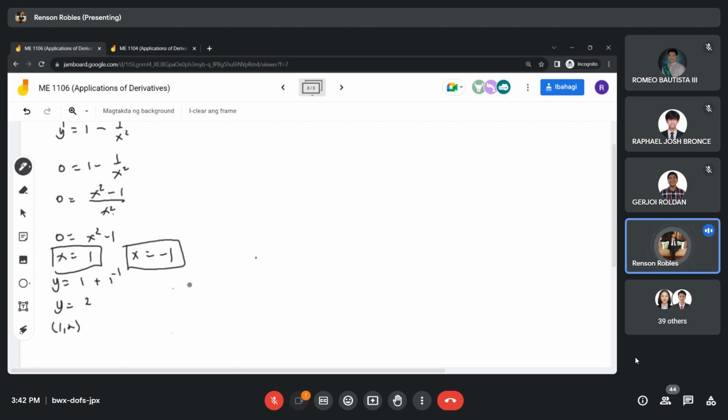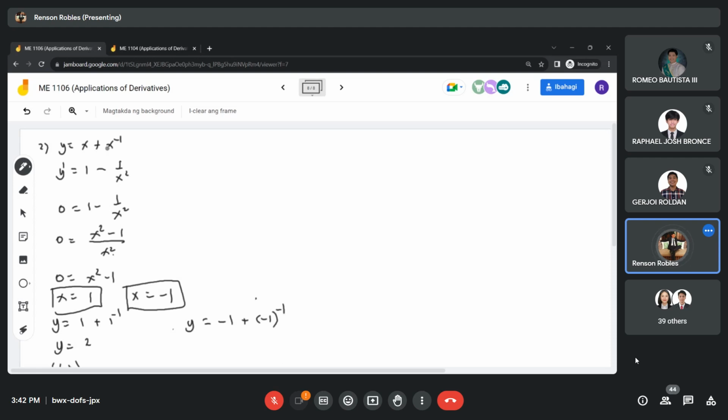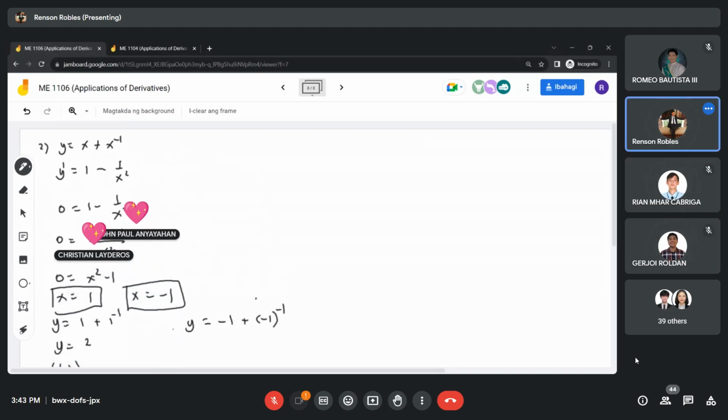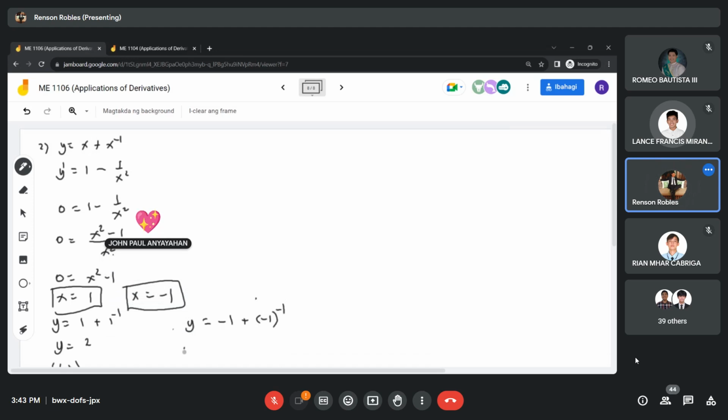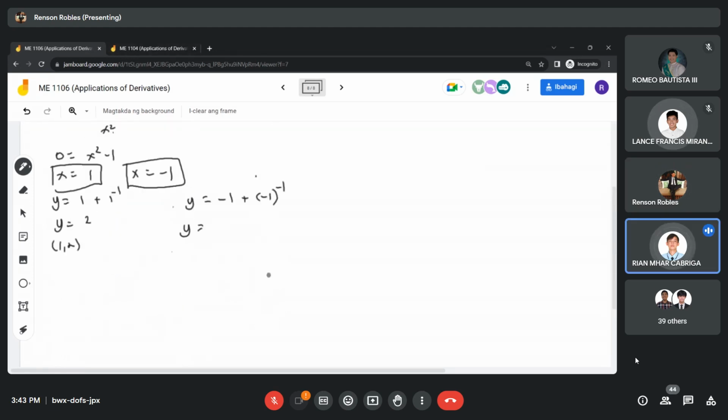Then when x is negative 1, you have y equals negative 1 plus negative 1 raised to negative 1. Ipinapalit lang dito sa x na to. Nagkakaintindihan? You're getting my point? Alright, then what is y? Negative 2 po. Okay, negative 2. So you have negative 1, negative 2.